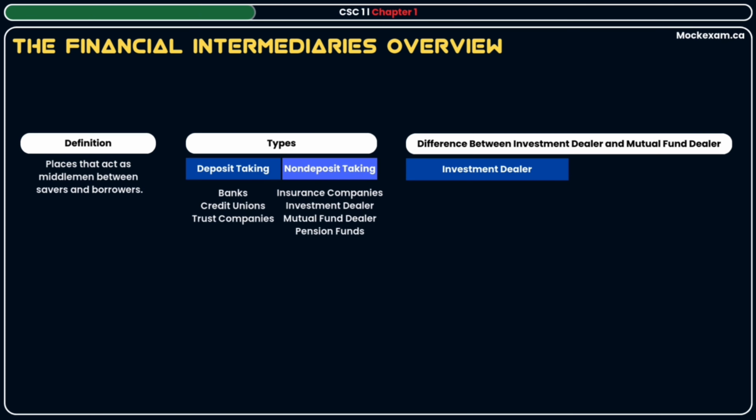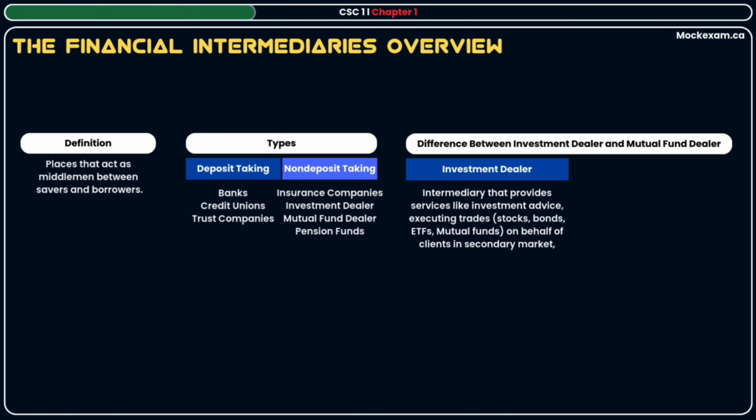Investment dealers are financial intermediaries that provide services like investment advice and executing trades. Different types of securities are offered, like stocks, bonds, ETFs, mutual funds. They execute trades on behalf of the client in the secondary market. We will talk about the secondary market in future lectures.